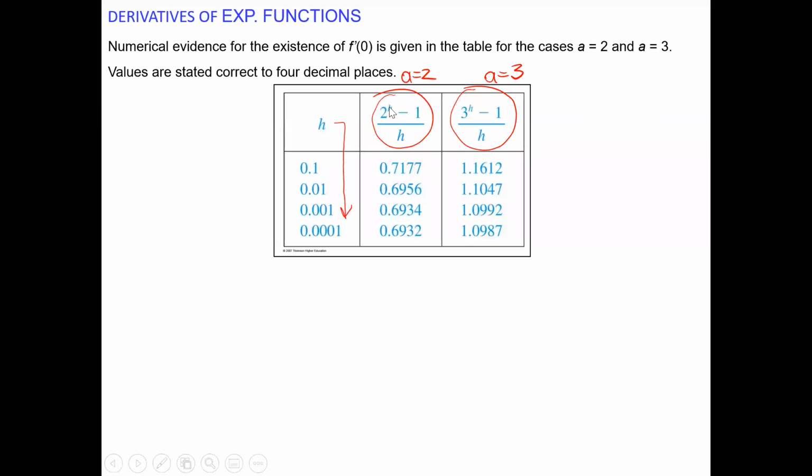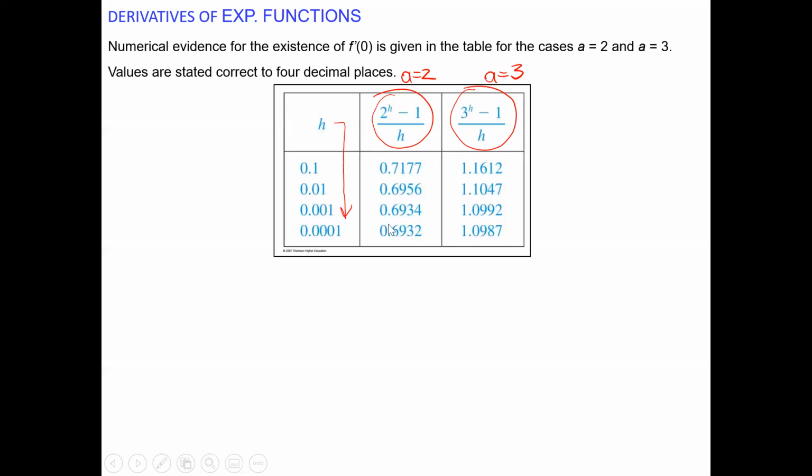When we substitute smaller and smaller values for h, 0.1, 0.01, 0.001, the outputs behave like this: 0.7177, 0.696969, and then respectively for base 3, 1.16, 1.104, 1.09, 1.098.